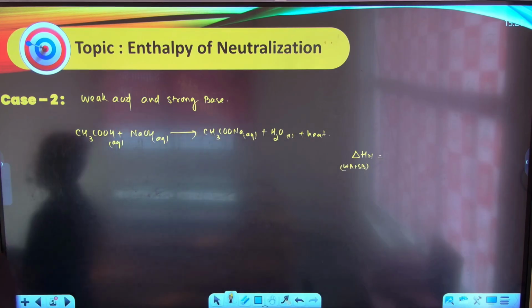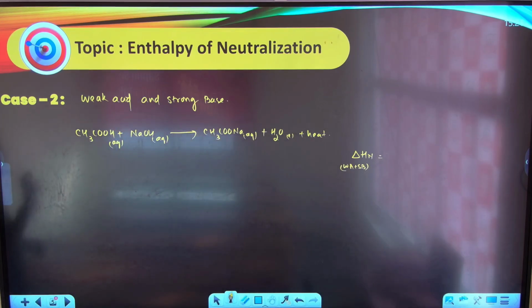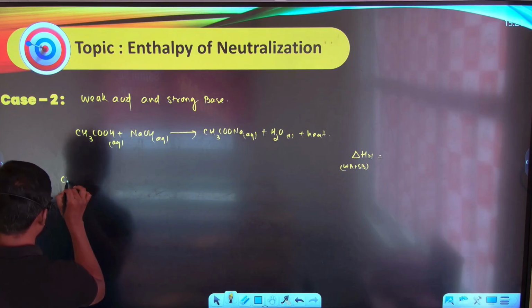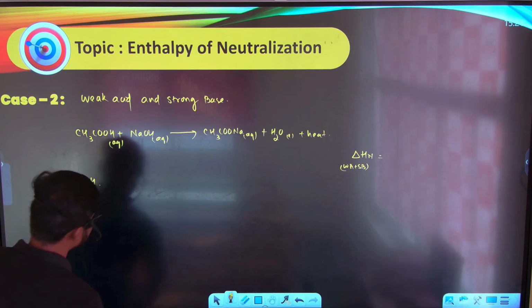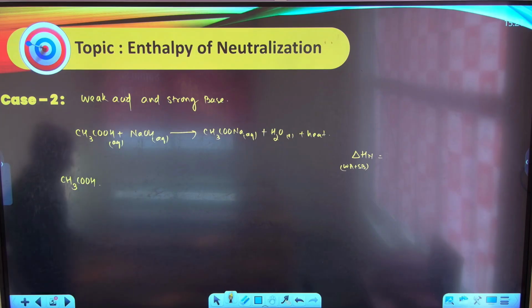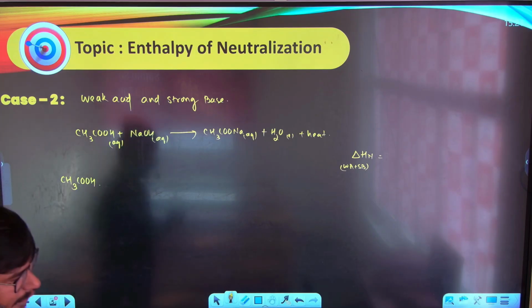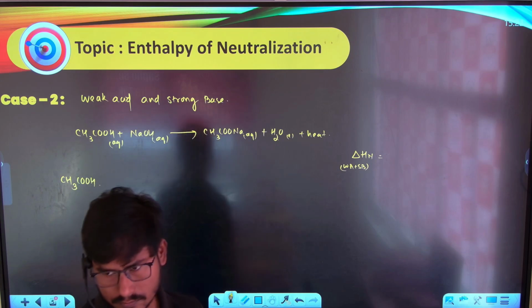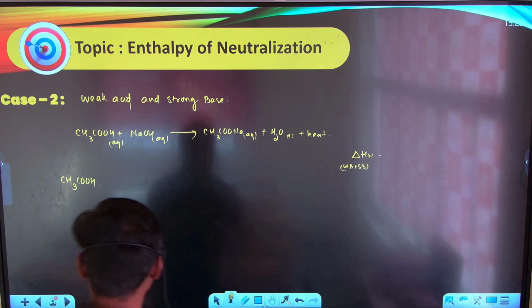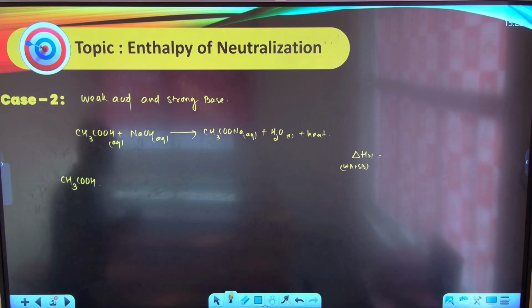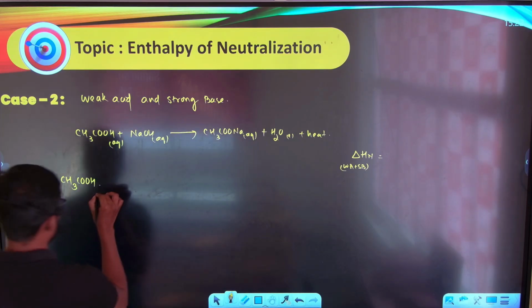So if we ionize this reaction, this will be split as CH3COOH only, as it is a weak electrolyte. It will not be completely dissociated or completely ionizable, so we cannot write 100% that this will split as CH3COO minus and H plus. We have to write this only, that will be aqueous.